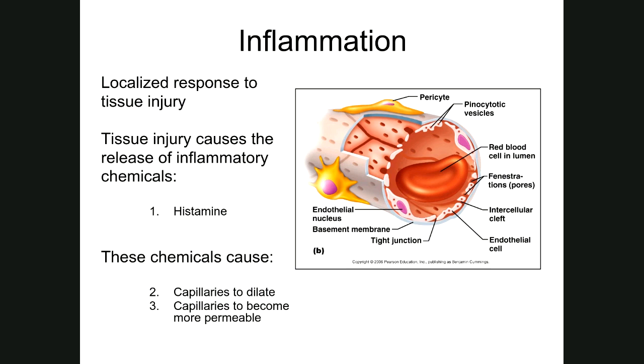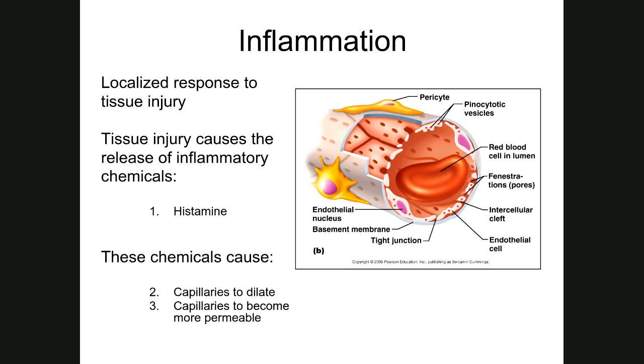When histamine gets released, it's going to have a couple of effects. The first is histamine causes capillaries to dilate. And of course, if capillaries dilate, if they open up, if they become wider, that's going to allow an increase in the amount of blood that's able to travel through those capillaries.